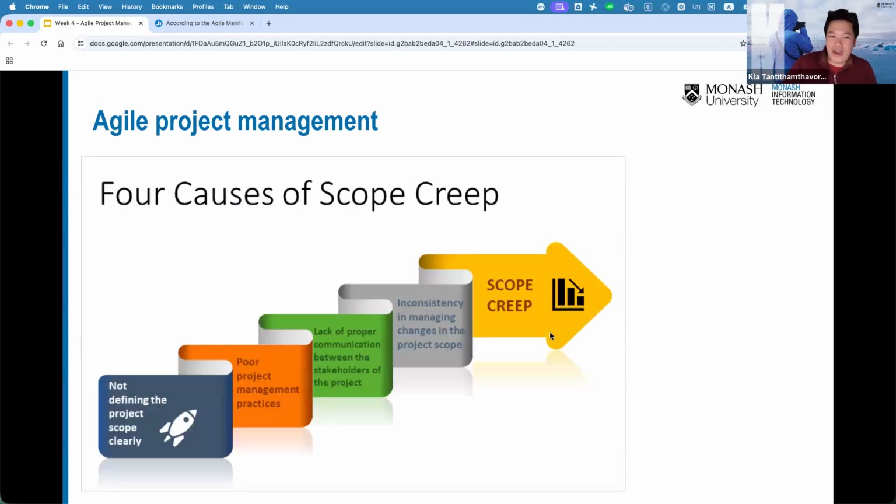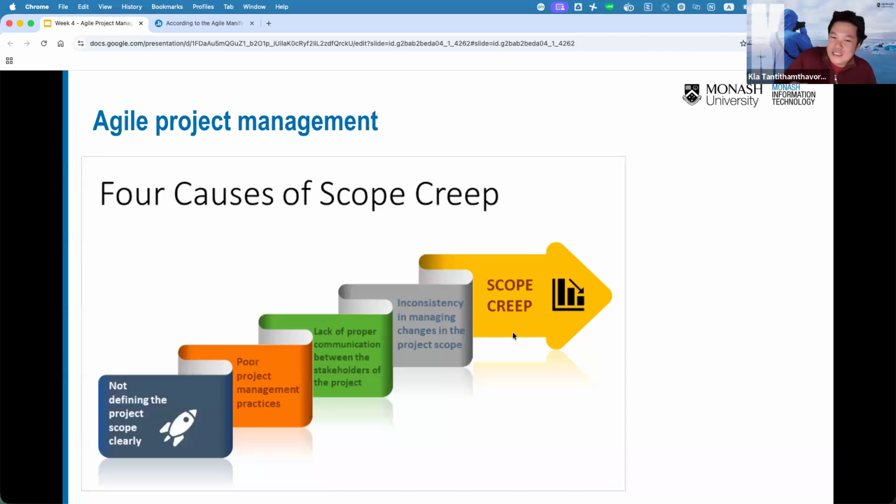However, right, there are four causes of scope creep. I will talk about the definition of scope creep later on, okay? But the four root causes here: first, you don't define the project scope clearly, okay, or you apply poor project management practices, okay, or you have a lack of proper communication between the stakeholder and the project, right?